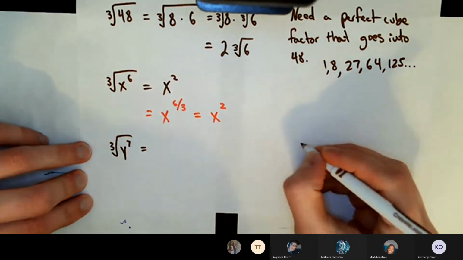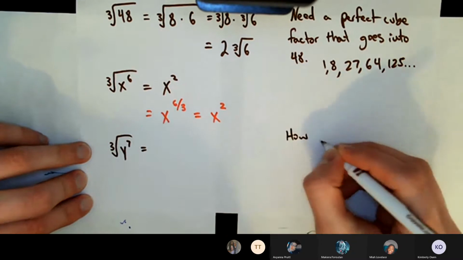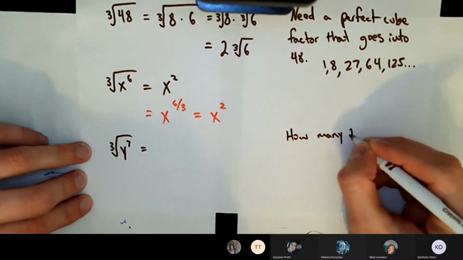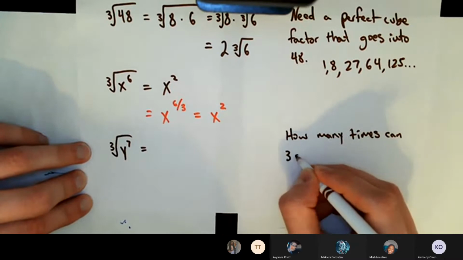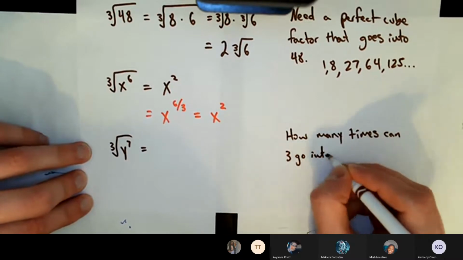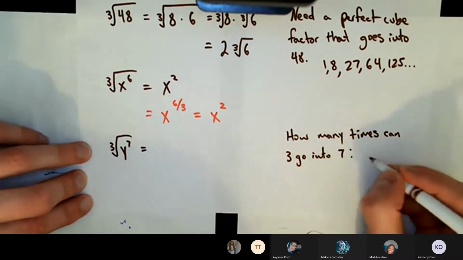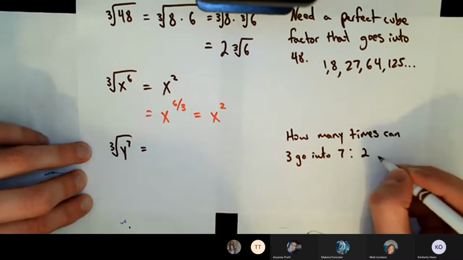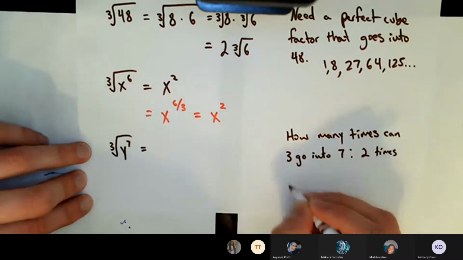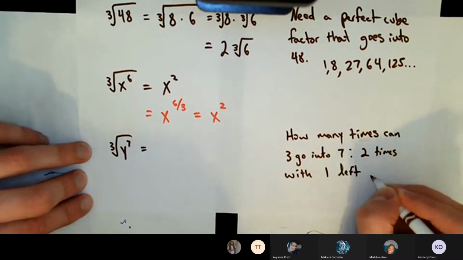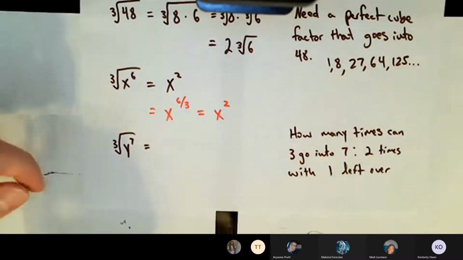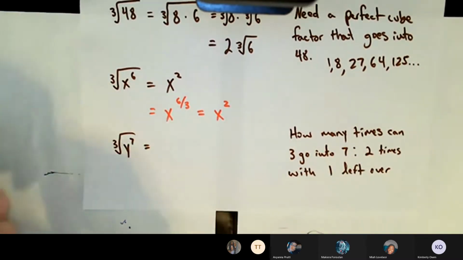So let's interpret that. When I say how many times can 3 go into 7, the answer, of course, is twice, I'll say 2 times with 1 left over. How do we interpret that? That's going to look like this.